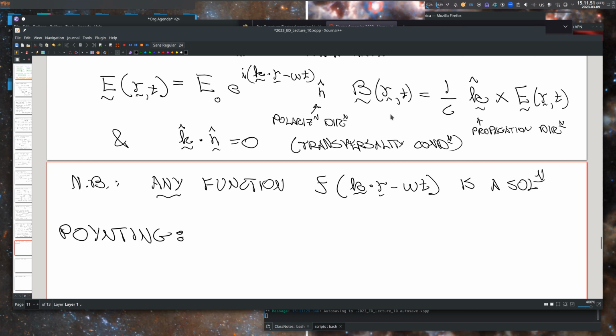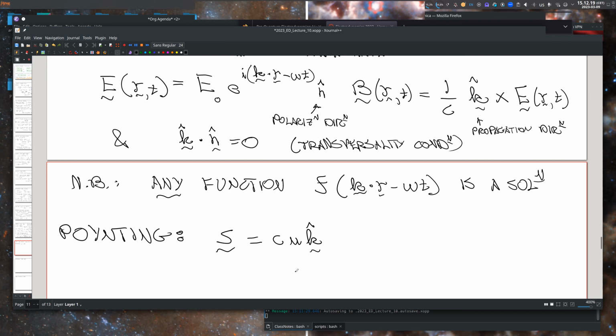Because both E and B are perpendicular to the propagation direction. Now I'm taking the cross product of all of these. So the Poynting vector for a monochromatic plane wave is just something that goes along the propagation direction and carries, at the speed of light, an energy density U.